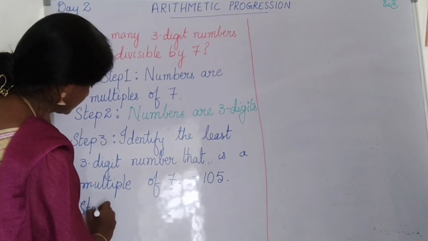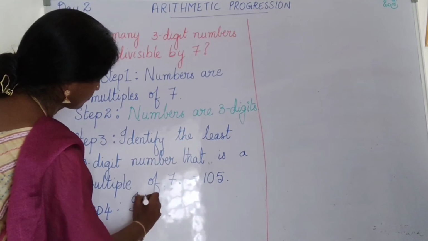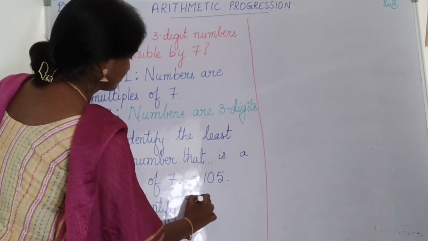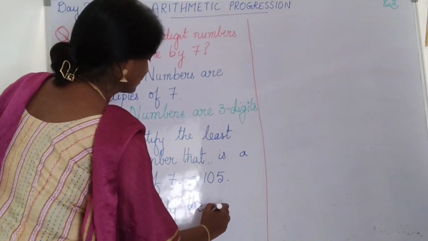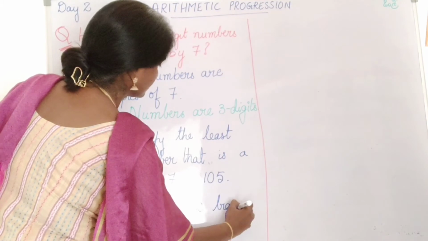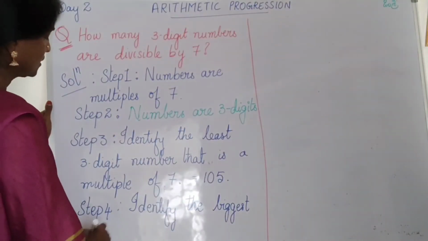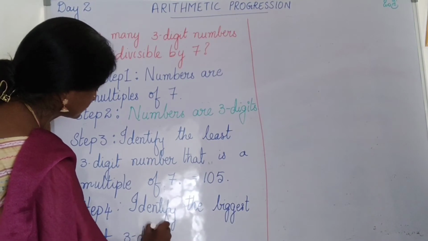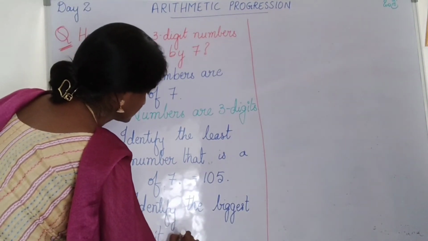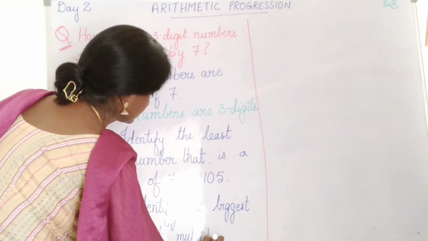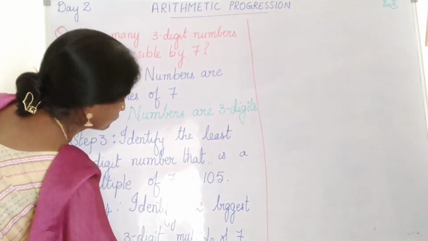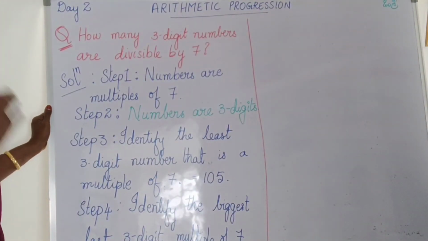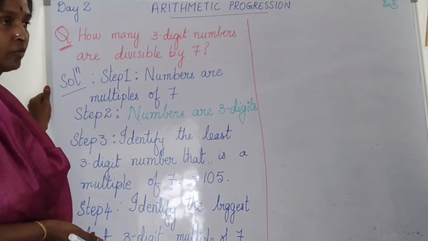Step 4: identify the biggest, or you can say the last, 3-digit multiple of 7, which will be equal to 994. So, hope you followed till here.